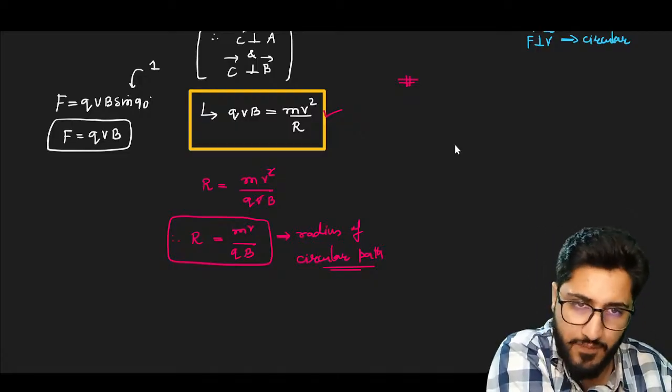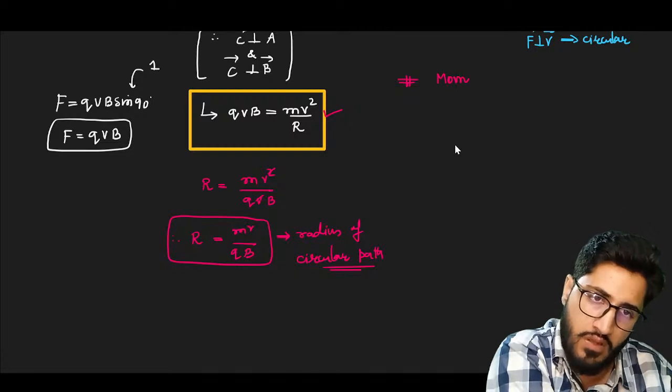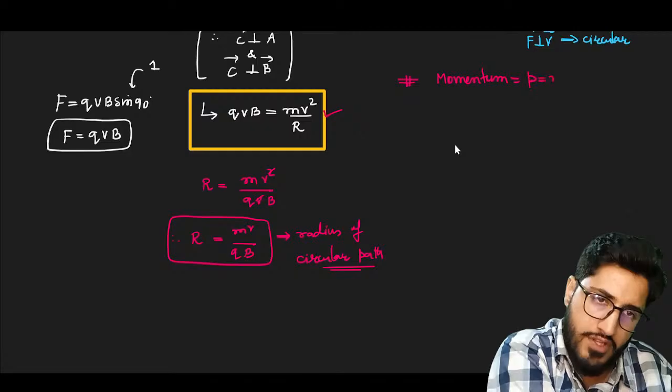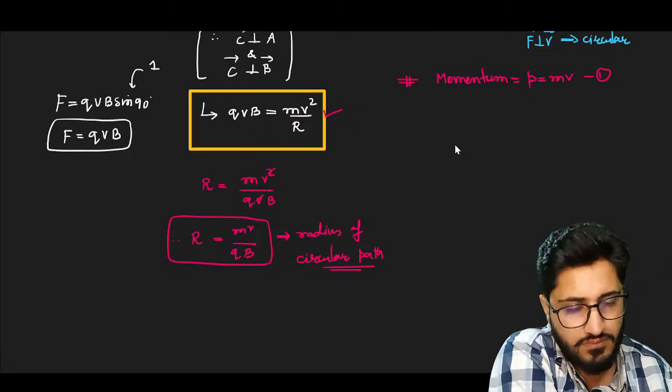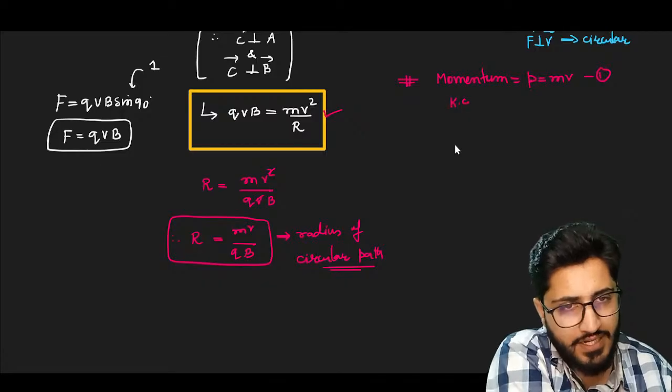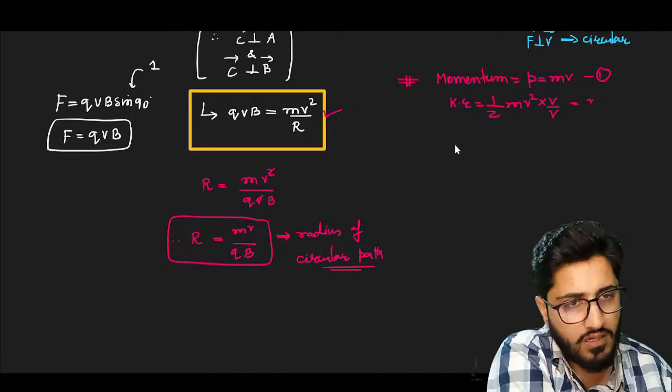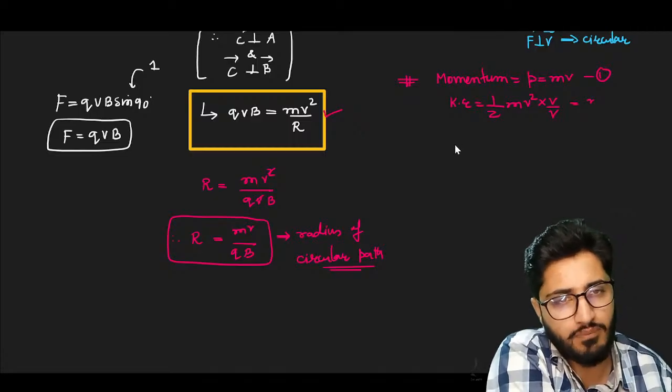What is this mv? Momentum, that is P, which is equal to mv. What is kinetic energy? 1 by 2 mv square. Let's multiply it with mass and divide with mass.